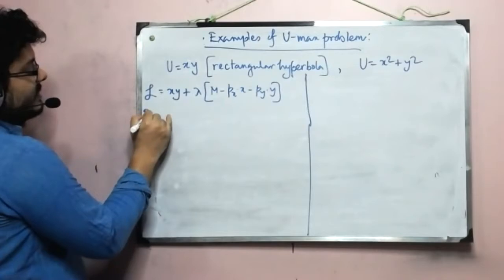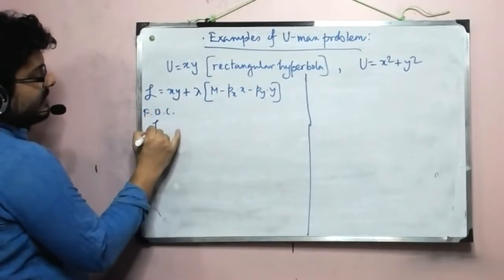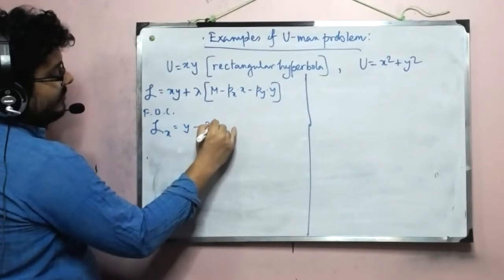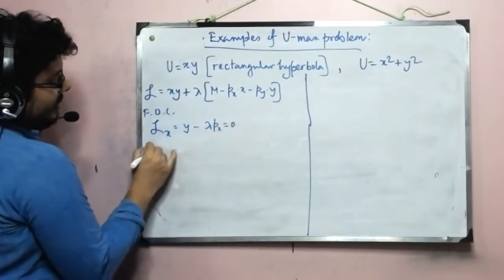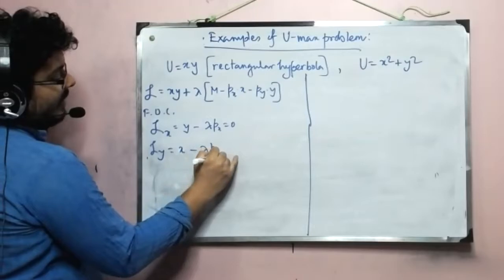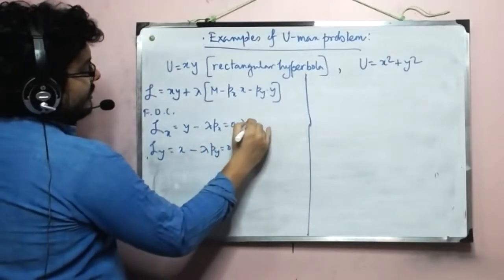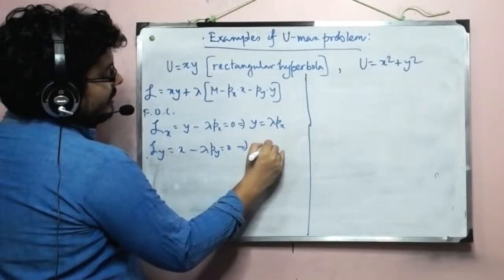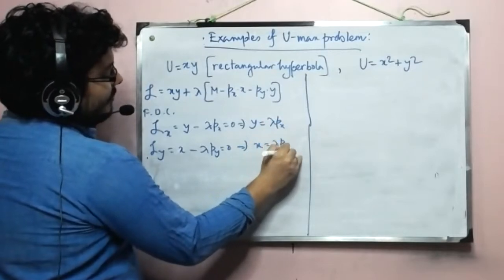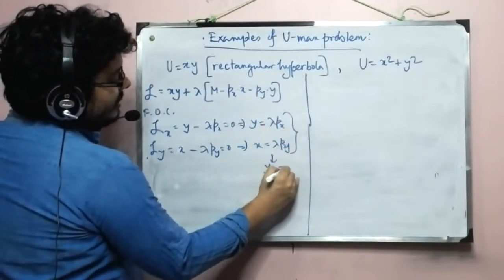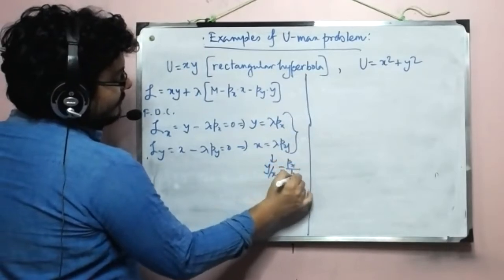Now FOCs will tell us that Lx will be y minus lambda px equal to 0, Ly equal to x minus lambda py equal to 0, right? And from here we will get y equal to lambda px, and from here we will get x equal to lambda py, and these two will give me y by x equal to px by py.